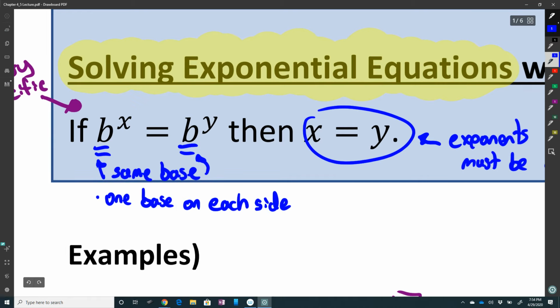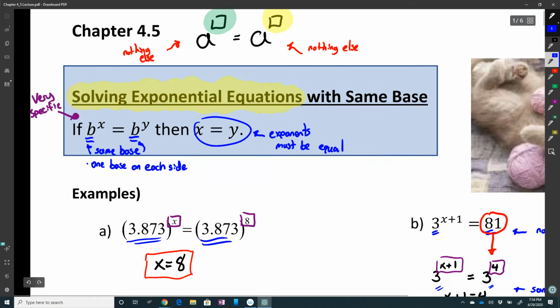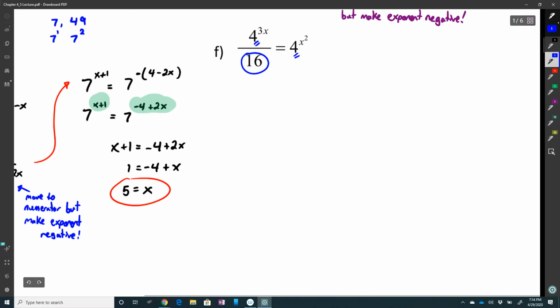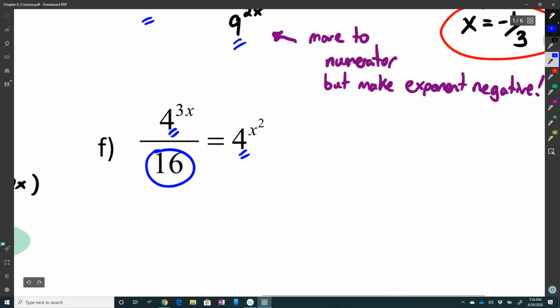There can't be any numbers in front of either term. There can't be any numbers being divided. It has to be very, very, very basic. So that 16 is messing things up. But since I know my powers, I know it's 4 and 16, where this is 4 to the 1, 16 is 4 squared. So let's see if we can do something there.